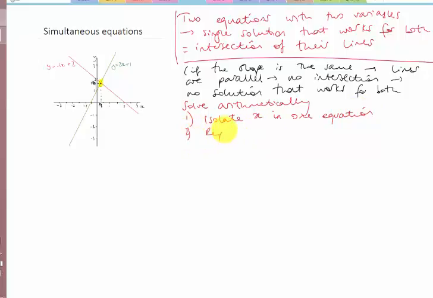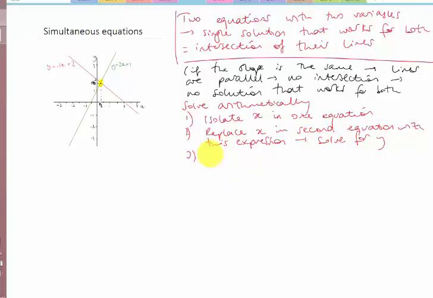And then you can replace x in the second equation with this expression. This maybe doesn't make very much sense in the abstract, but you'll see in a minute. With that expression, you can solve for y. That gets you the value of y.